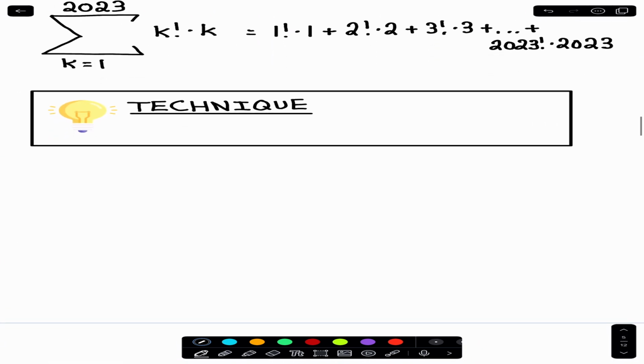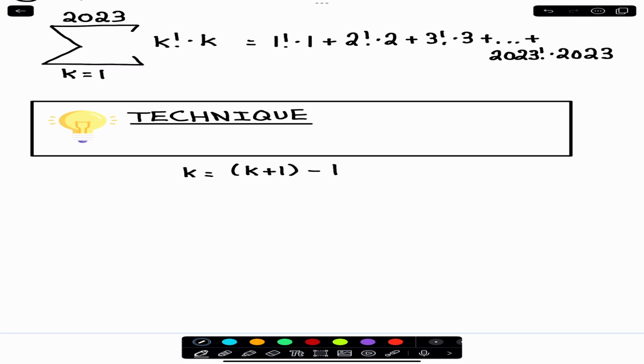We need to remember that k equals k plus 1, take away 1, because 1 minus 1 is 0 and then we're just left with k. Now, why would we think to write it like this? Well, this is how we're going to get this minus sign involved.